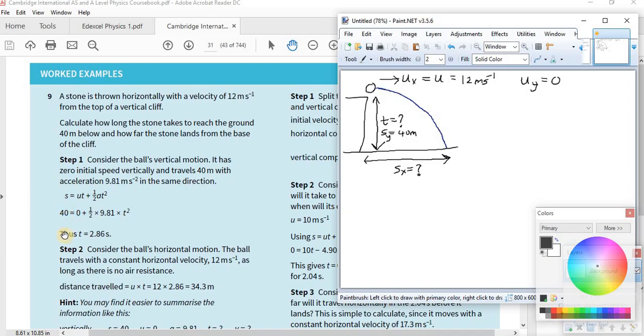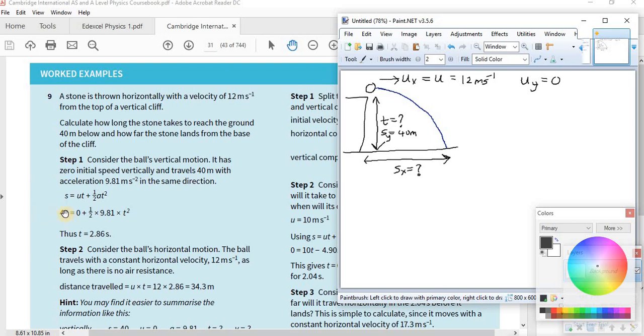Now, unlike the question that you did, here they assume downwards as positive. So we assume downward as positive, and this is then sy equals uy t plus half a t squared, because all are in the vertical direction, or y direction. We take downward as positive.